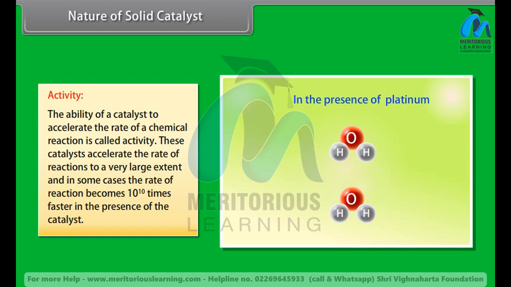These catalysts accelerate the rate of reactions to a very large extent, and in some cases, the rate of reaction becomes 10^10 times faster in the presence of a catalyst. For example, a mixture of pure H2 and O2 does not react, but in presence of catalyst platinum, they combine to form water and the reaction takes place with explosive violence.